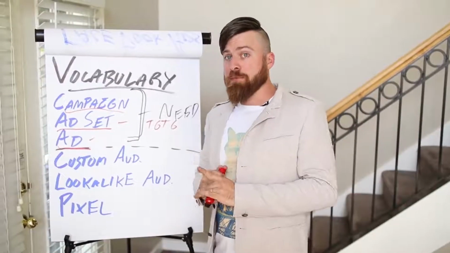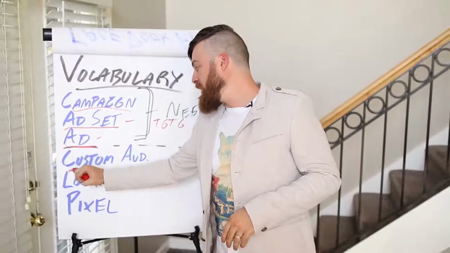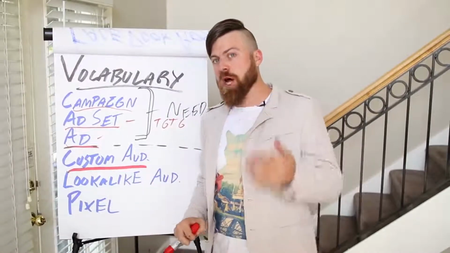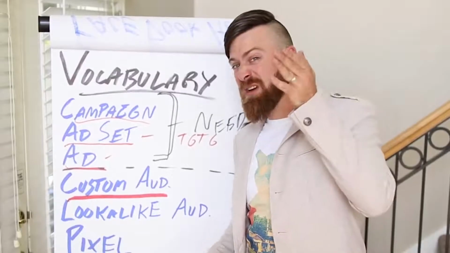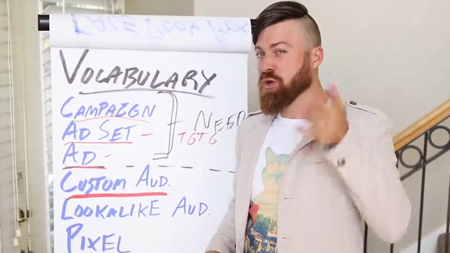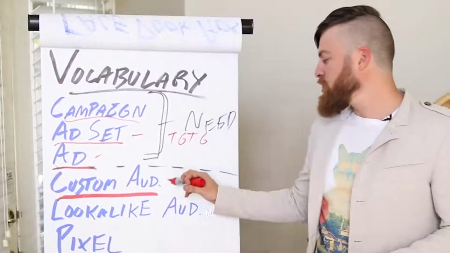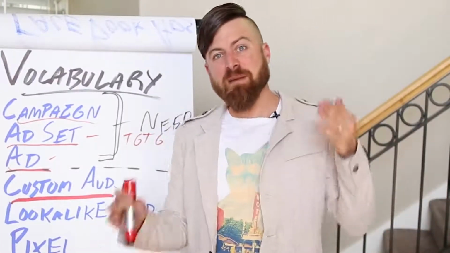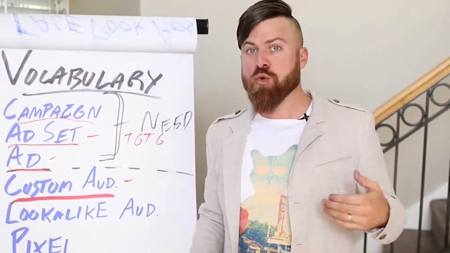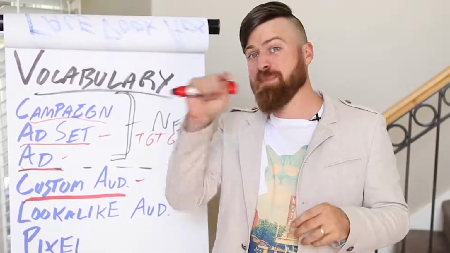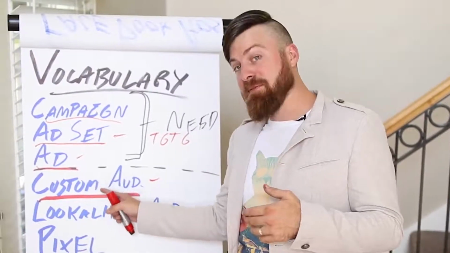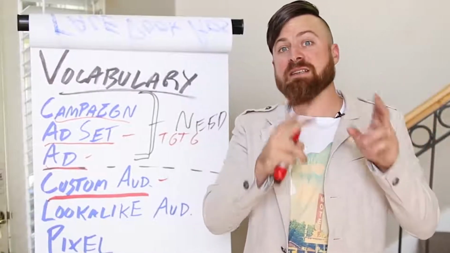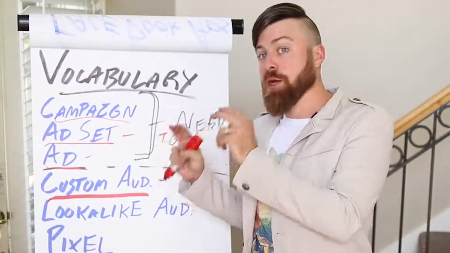The first useful piece of vocabulary to know is custom audience. A custom audience means it's an audience that is really custom to you and your business. If you have a website that people are already visiting, you can put Facebook's pixel on it, which we'll explain in a second, and have Facebook send ads to the people who are already visiting your business.